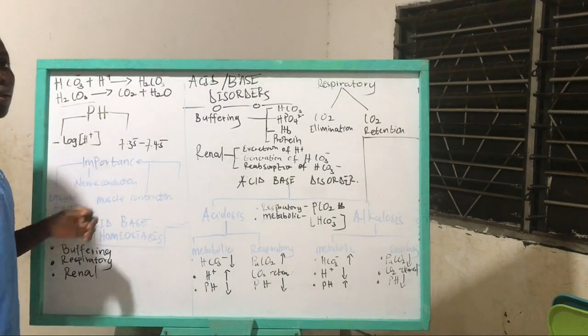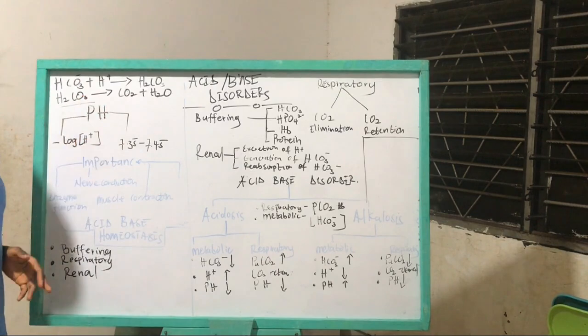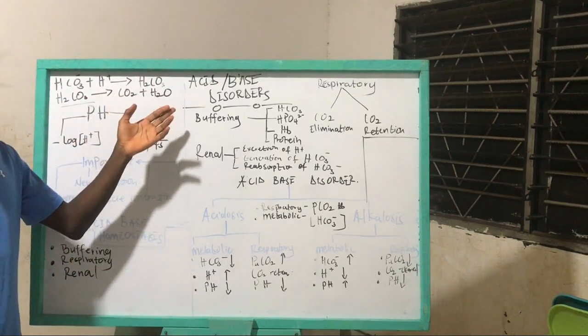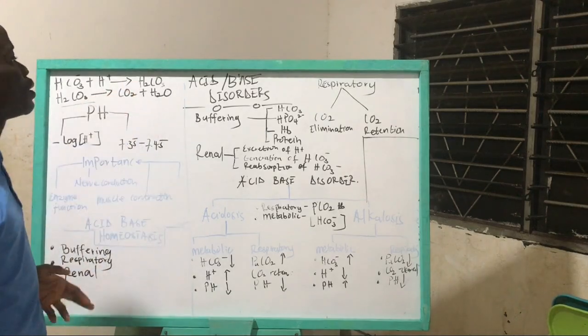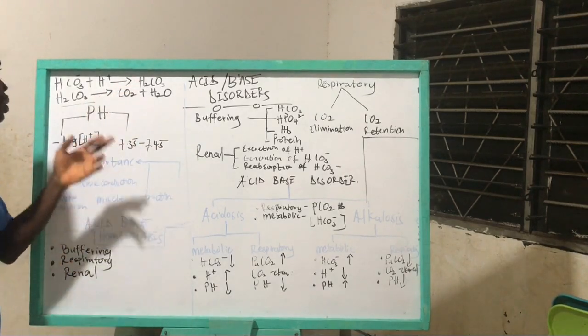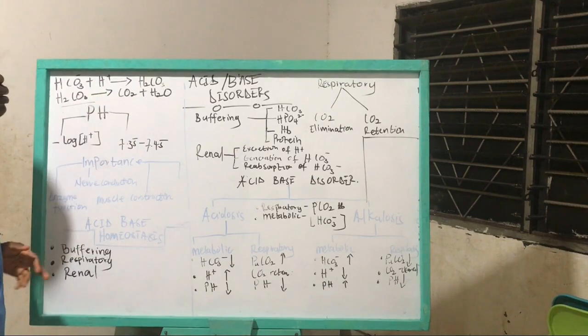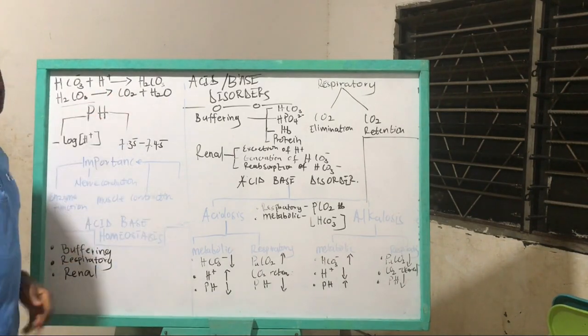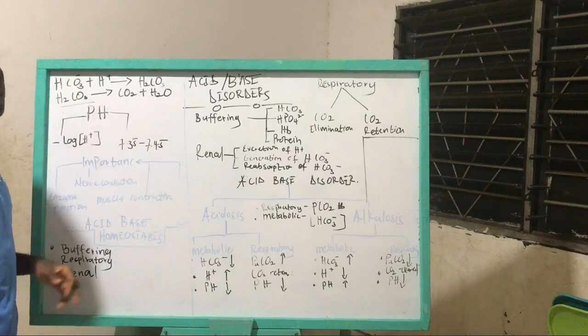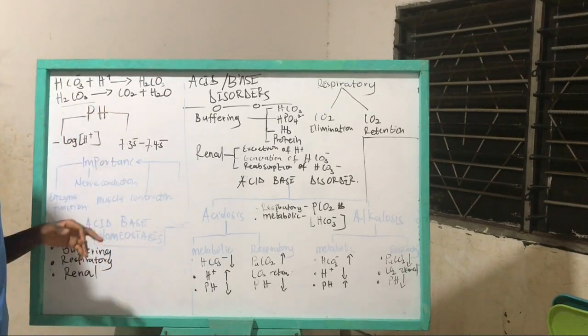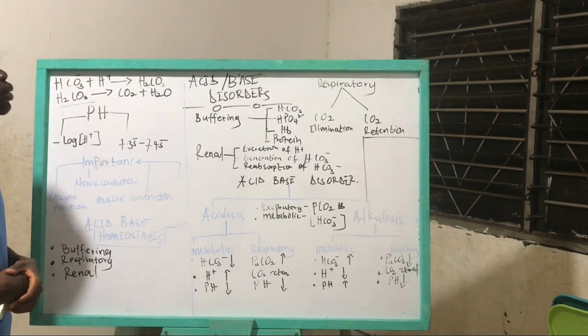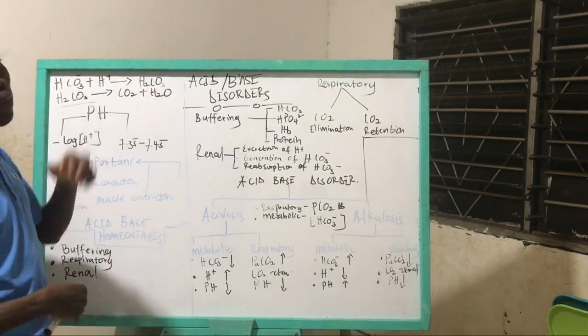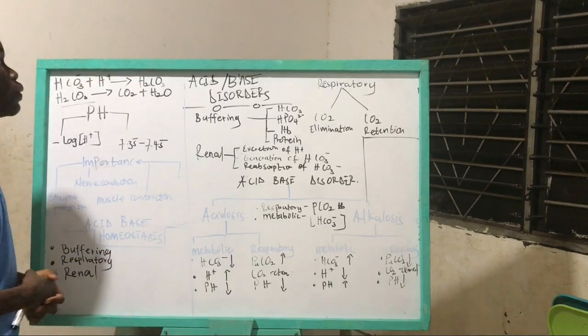The excess hydrogen binds to the hydrogen carbonates to form carbonic acid. And carbonic acid is so unstable that it dissociates into what? Carbon dioxide and water. The carbon dioxide is then exhaled out, whilst the water remains in the extracellular fluid compartment.